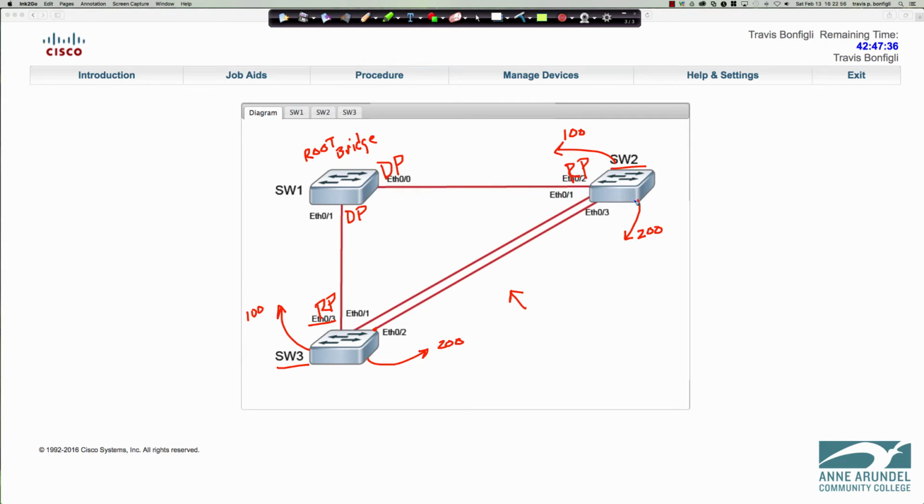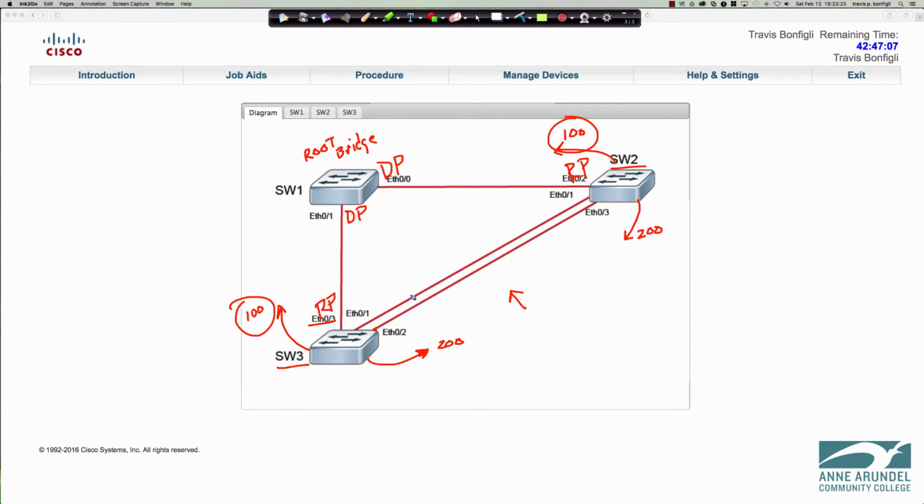Switch 2 says, hey, my root path cost is 100, and switch 3 says, yep, so is mine. So then it comes down to the lowest sender's bridge ID, in other words the lowest sender's MAC address. Who has the lower MAC address here, switch 2 or switch 3?